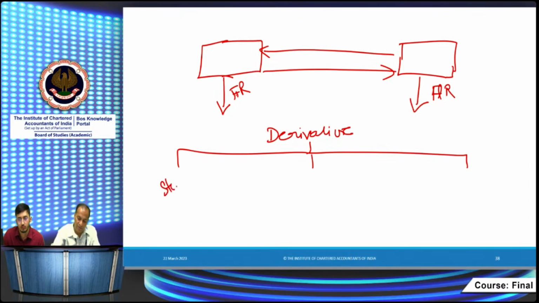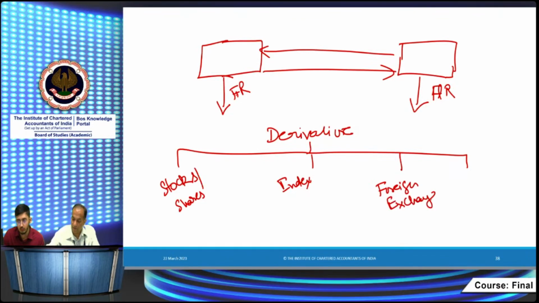In this topic, normally what is covered is stocks, that is shares, and then index. Next can be foreign exchange, and last is commodity. And one more thing, interest rate. So normally these five underlyings are covered in our syllabus.